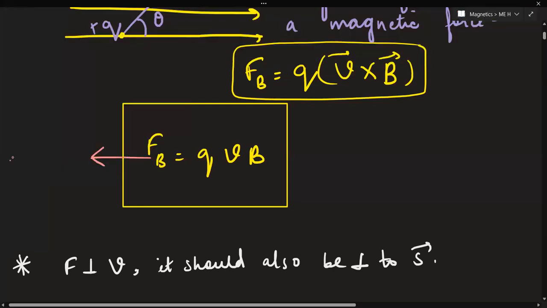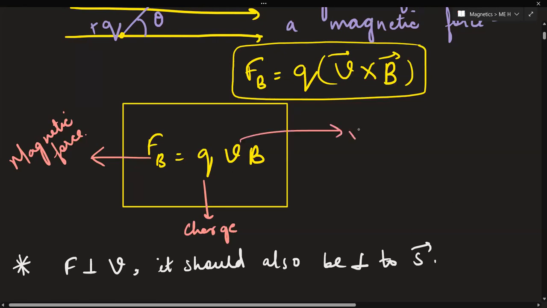F_B is the magnetic force. q is the charge. If an electron is moving, then that will be the electronic charge, which is 1.6 into 10 to the power minus 19. If it's a proton, then that also will be the electronic charge. If it's a random, different charge, that charge value will be given to you in terms of coulomb. v is the velocity of the charge particle.